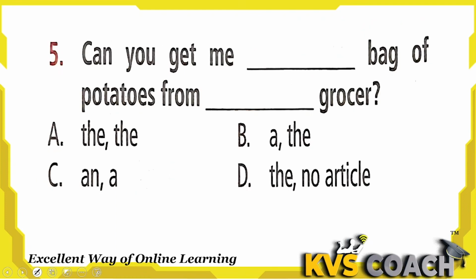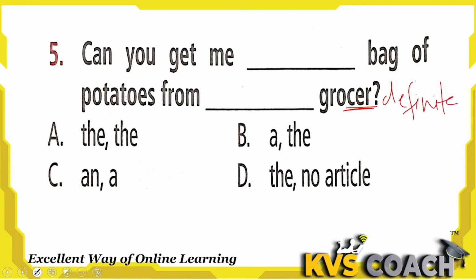Next, can you get me dash bag of potatoes from dash grocer? Look, here the speaker and listener both know about the grocer. That's why the speaker is not mentioning specifics, like the shop name and the grocer's name. It means the grocer is known by both of them, so it is a definite article.